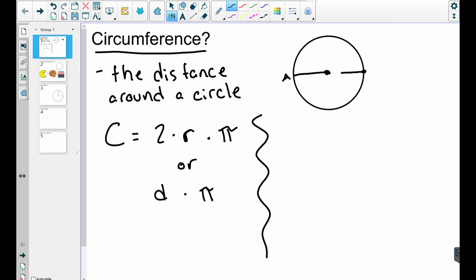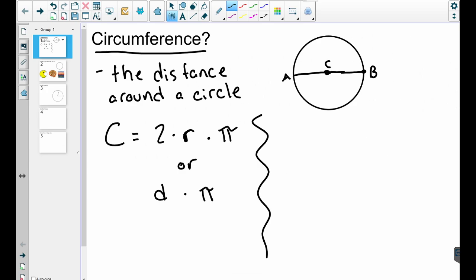So let's say we have this, with C being our center point, and we'll say this is B over here. Line segment AB would be our diameter. And then line segment AC or line segment BC would equal our radius, because our radius is half of that.